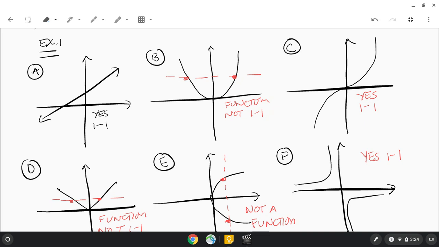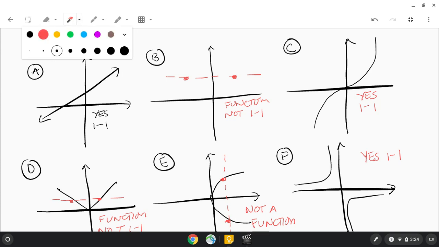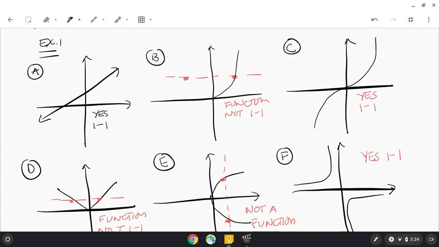Okay, so if we restrict the domain, because right now the domain's all real numbers, right? But if we restrict the domain and we say that we only want the positive x values to be used, okay? If we do that, then we end up with just the right half of the parabola, and in which case now it passes the vertical line test, it passes the horizontal line test.